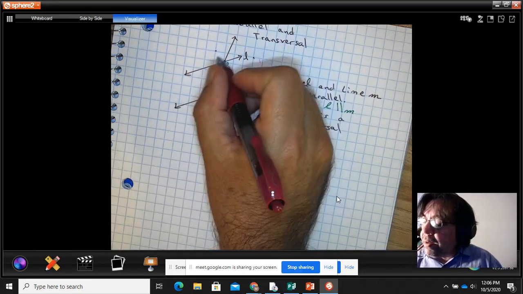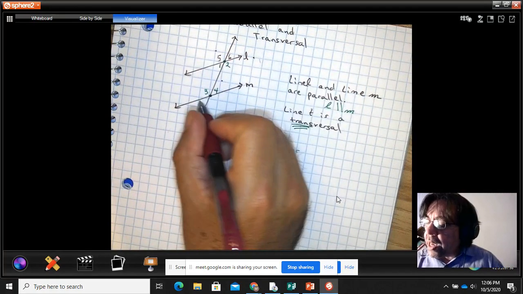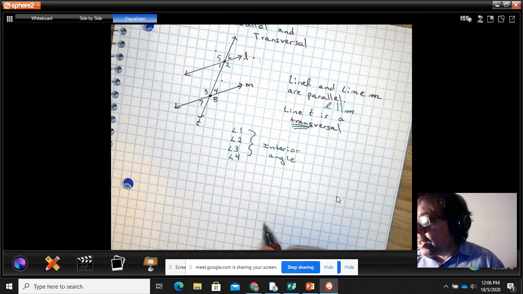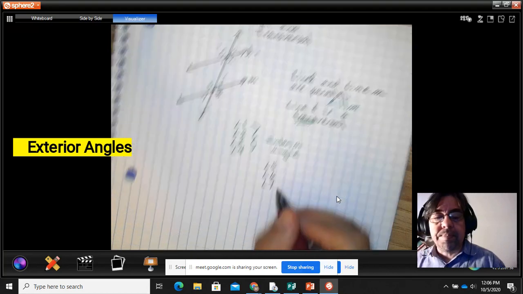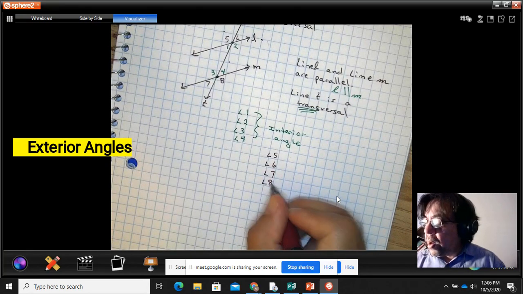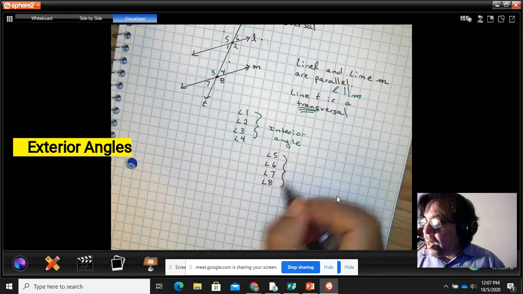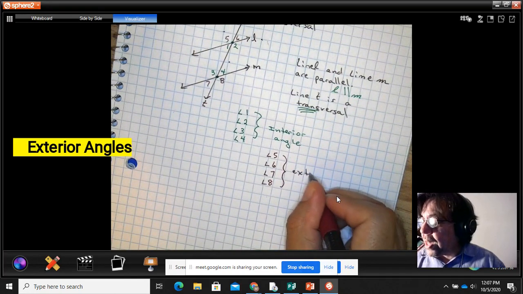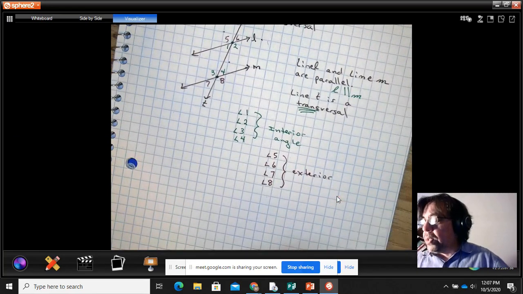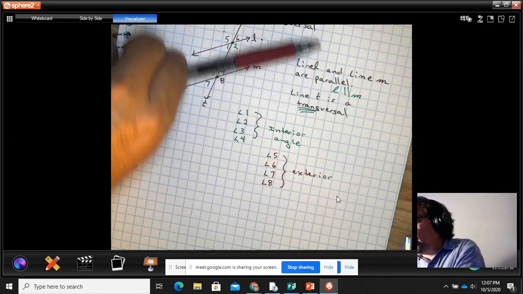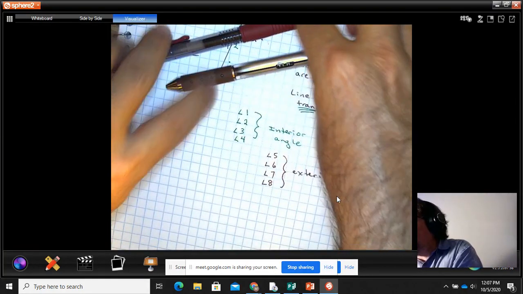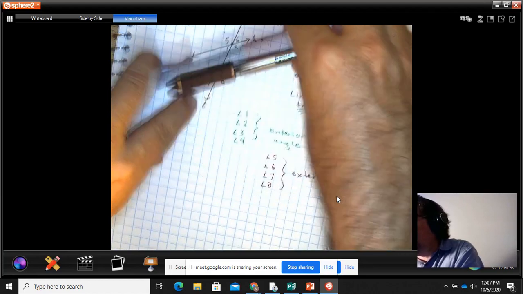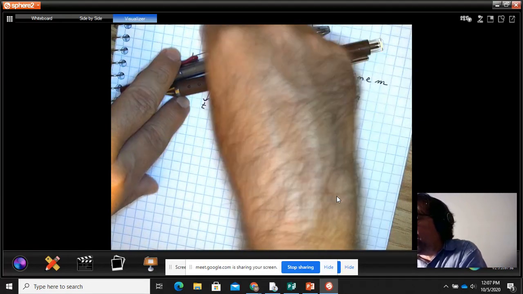But angles 5, 6, 7, and 8 are not interior angles. They are exterior. They're on the outside of those walls. If I move these walls towards each other, 5 and 6 are saved. They didn't get squashed.